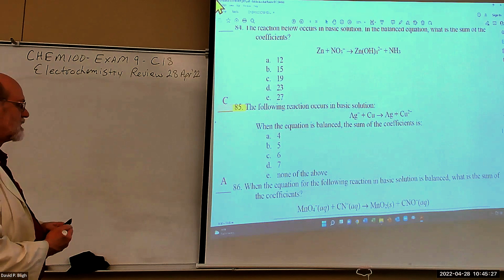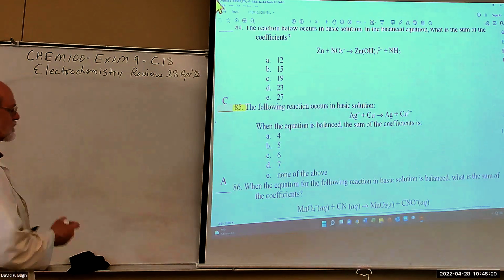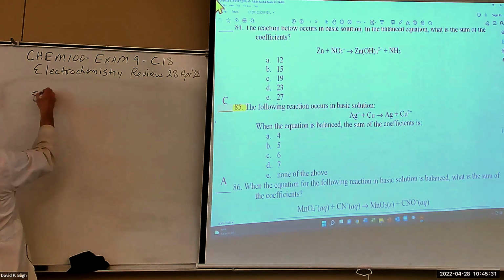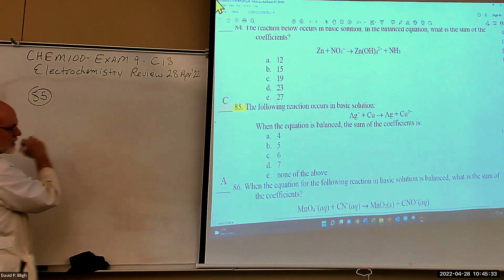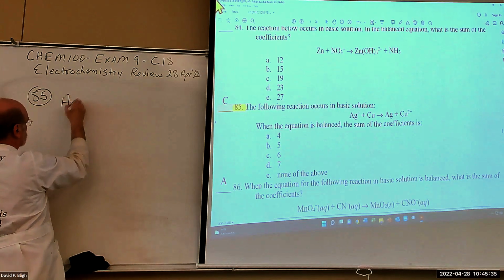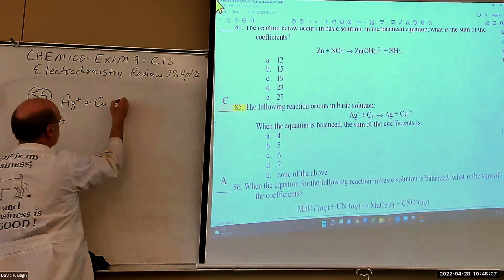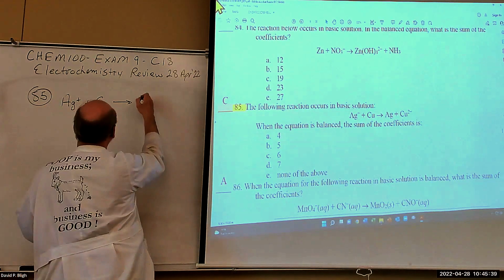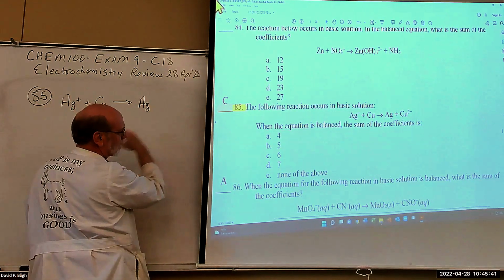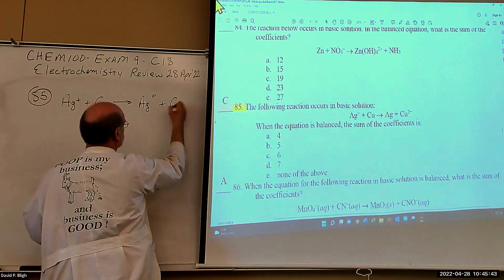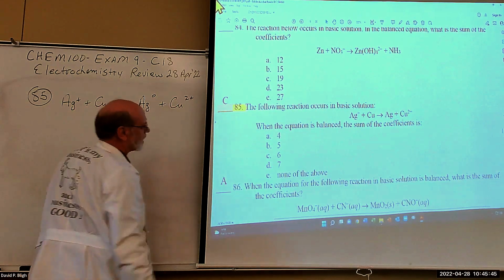Let's see. This one in basic solution, 85. So we have silver plus copper yields silver metal plus copper ion.